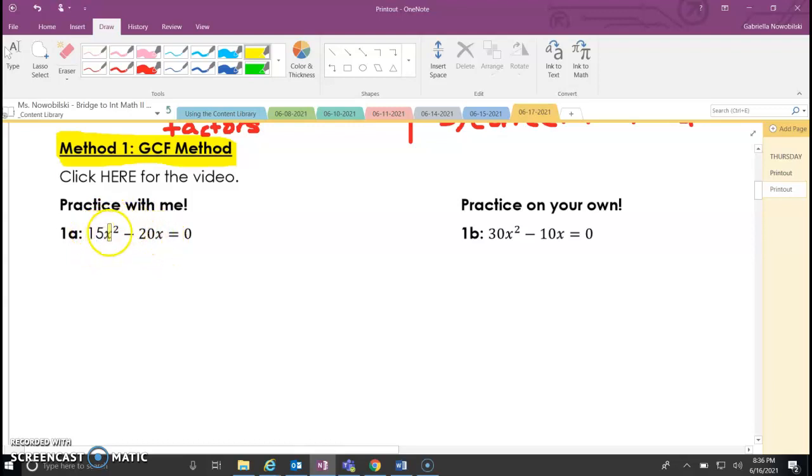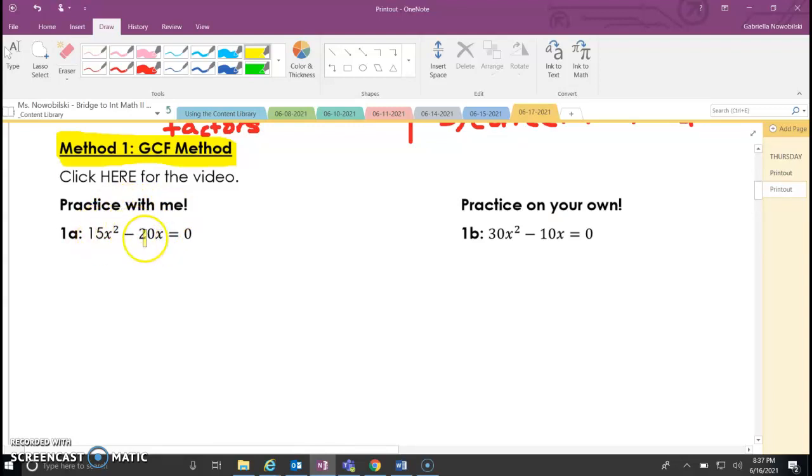I have one term here and another term here. The GCF method can be used when there's 2, 3, or more terms. But if it's 2 terms, it's going to be very evident for you to start with the GCF method, because the second method we learn, you will not be able to do with 2 terms. You'll see that one you can only do when there's 3 terms in your problem.